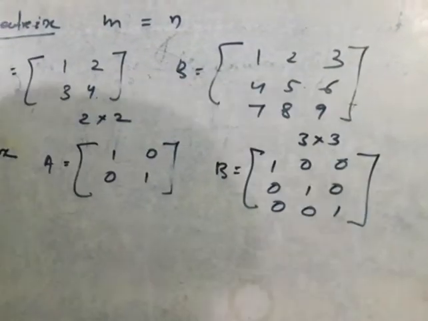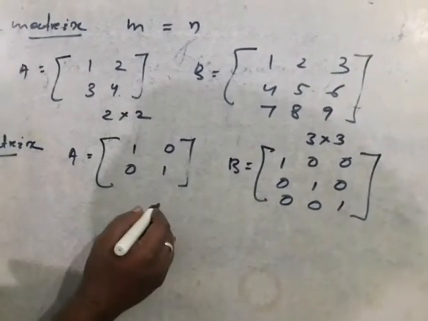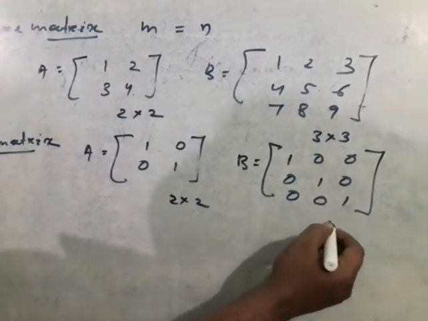So these are unit matrices. This is a unit matrix where the order of the matrix is 2 by 2 and 3 by 3.